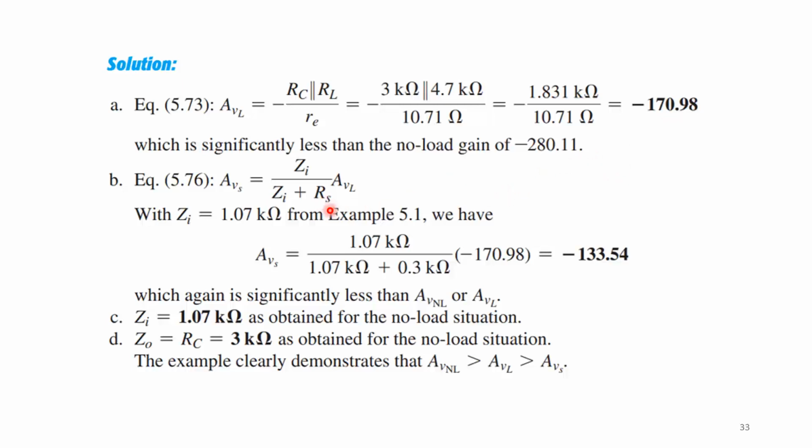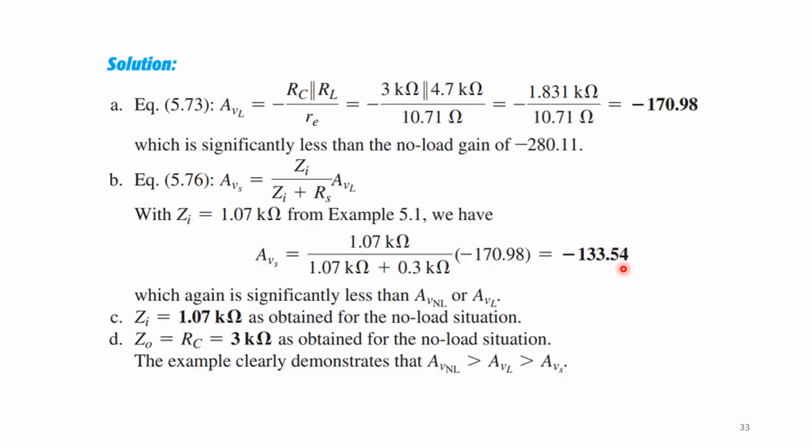But if you have a source resistance, it will be further reduced from negative 170.98 to this value using the expression for AVS, which will give us negative 133.54.